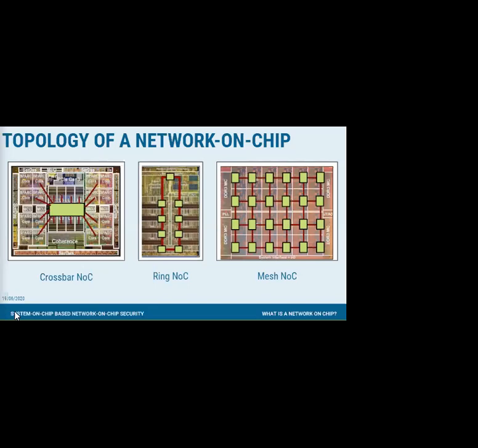The 2D mesh topology is the most common topology in network on chip designs because each link in a mesh has the same length, which eases the design, and the area occupied by the mesh grows linearly with the number of nodes involved in the topology. So in most designs of network on chip architecture, we can easily find a mesh architecture.